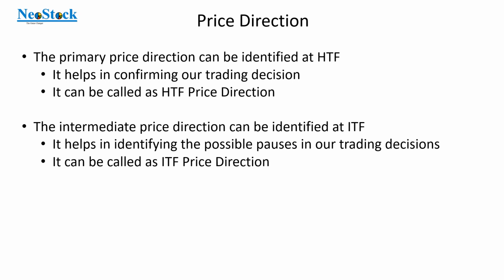When weekly prices are moving supply zone to the demand zone, intermediate prices are moving against the monthly price direction. That is the reason why you immediately make yourself alert. Okay, it is not the right time to take long opportunities or long decisions. That way you don't take the trade. All these scenarios we will see in the next lesson in detail.